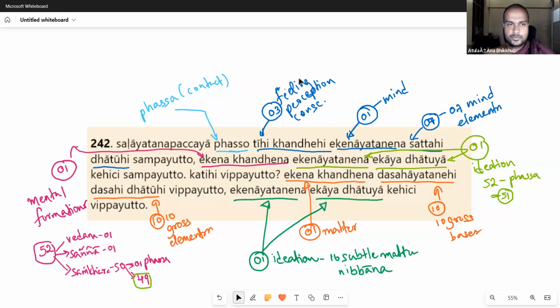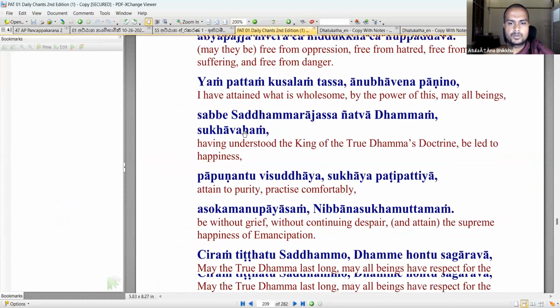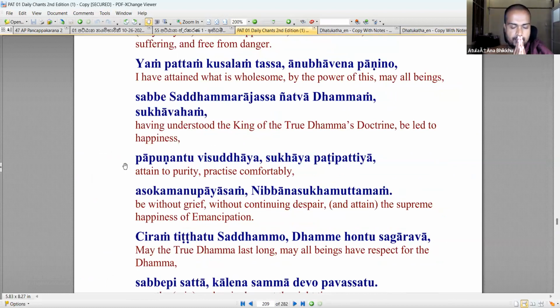All right, so we'll finish the class by sharing the merits. We'll share the merits which we accumulated during this session by learning, by teaching and reflecting the supreme words of our Lord Buddha.